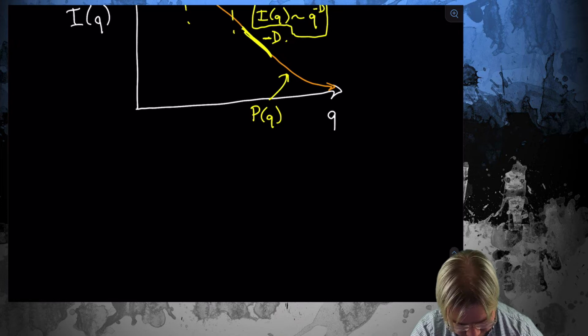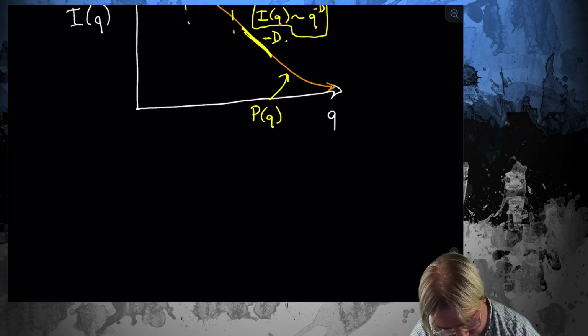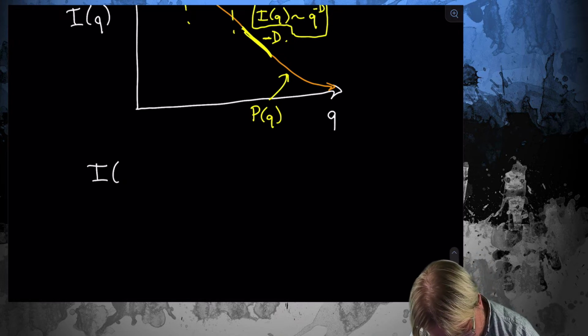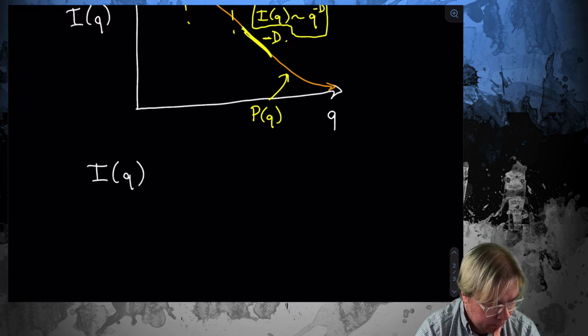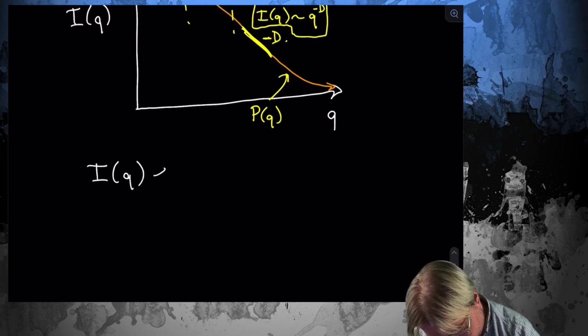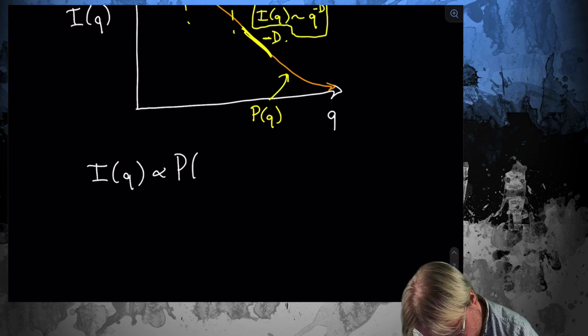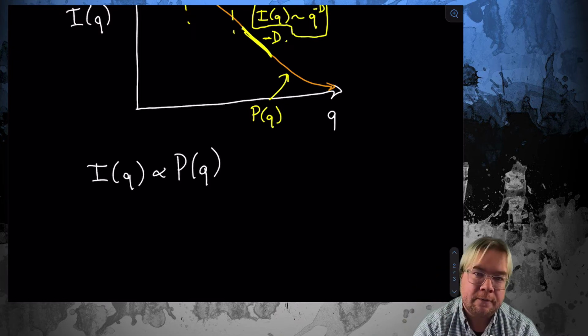So the starting point to do that is, what am I trying to do? I am trying to model the intensity of neutrons that I measure as a function of angle. And angle is contained in Q, so we're going to look at this as a function of Q. So this is proportional to that quantity we've looked at before, which is the form factor.